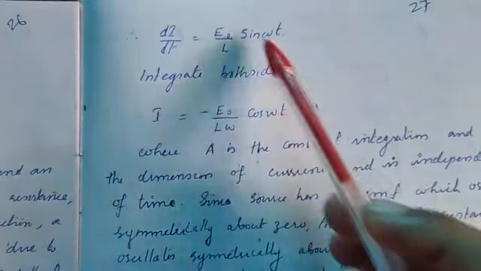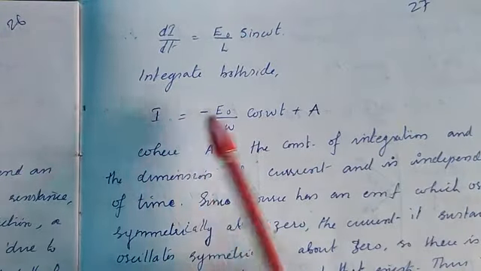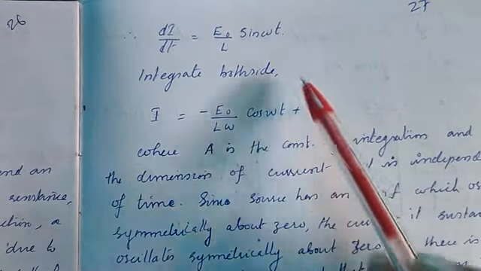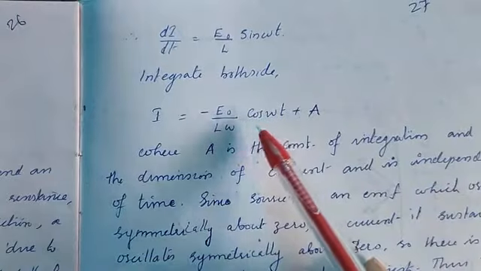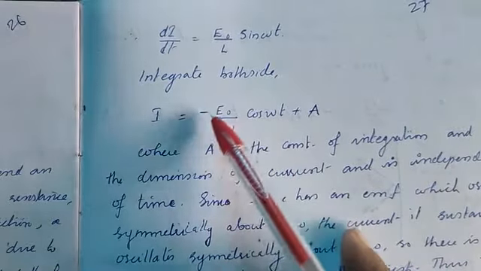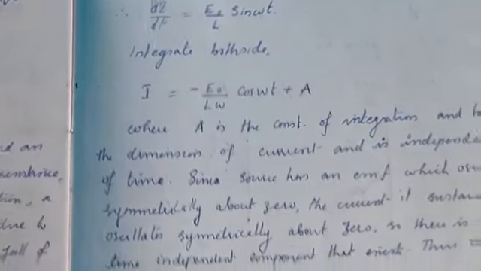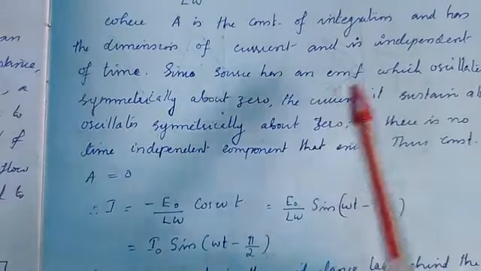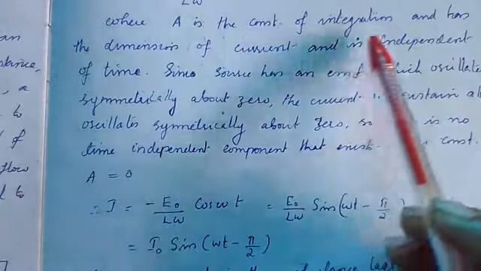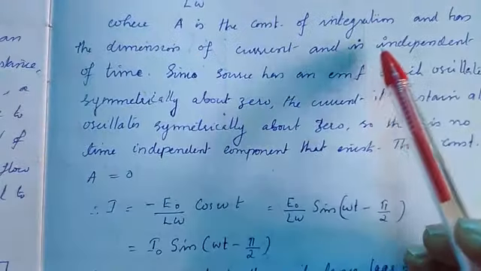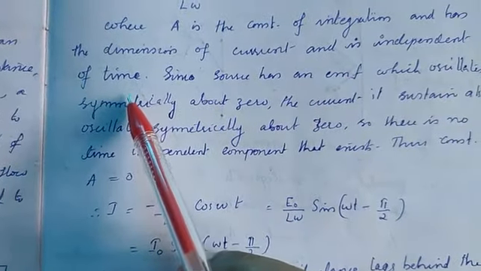If we integrate both sides, we will get I is equal to minus E0 by L omega into cos omega t, plus a constant of integration. Integrating sin omega t will give you cos omega t by omega. That factor is appearing here, with a minus sign also while integrating, and this is a constant of integration. The constant of integration has the dimension of current, since it's the current equation, and is independent of time.